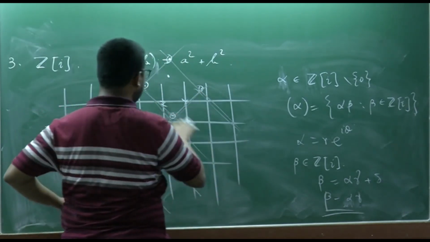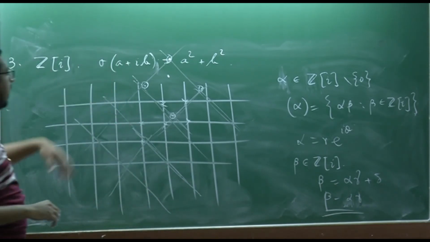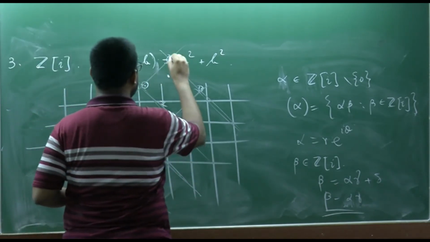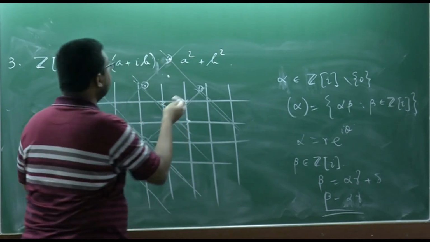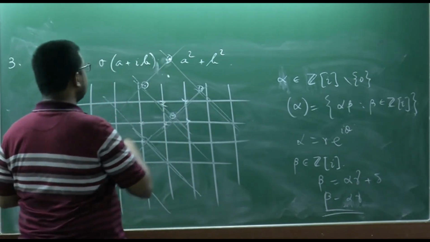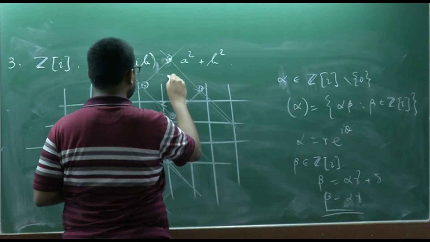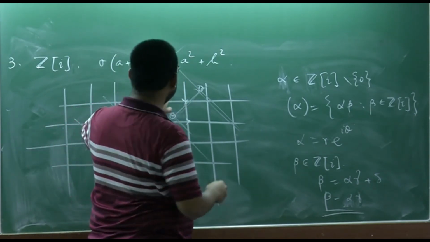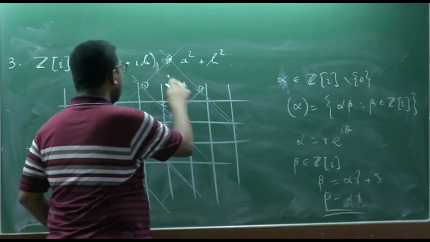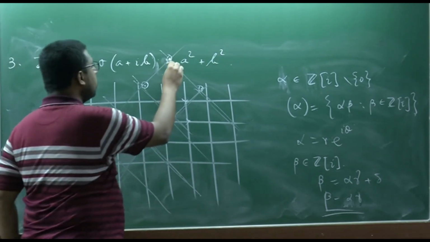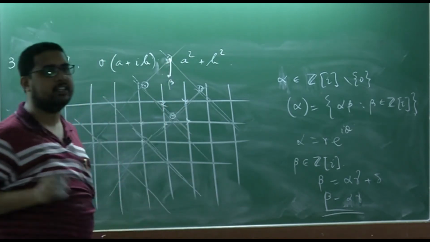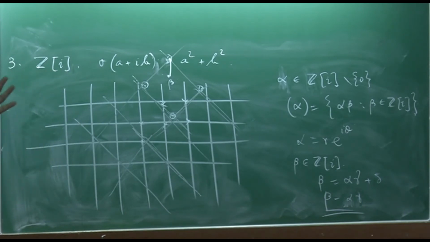It is one of these squares formed by alpha, and geometrically we can see, of course we will be giving a rigorous proof, that given beta here, there is one multiple of alpha from which the distance of beta is the least. That is geometrically clear, and that is exactly going to be our gamma.